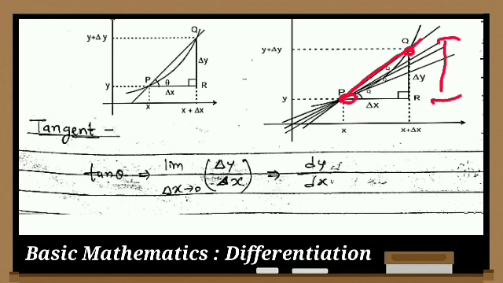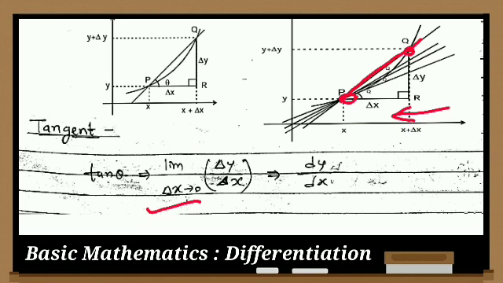Clear? Now decrease the value of delta x because we put the limit delta x tends to 0. So in the graph we have to decrease the value of delta x from this point in this direction.